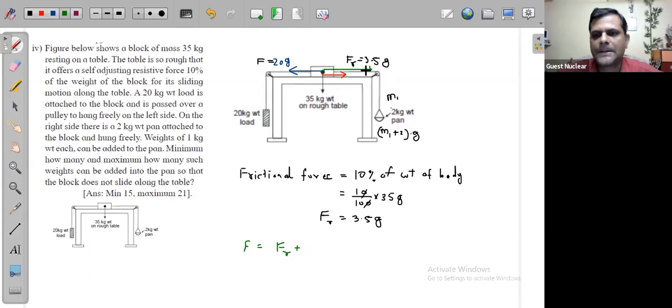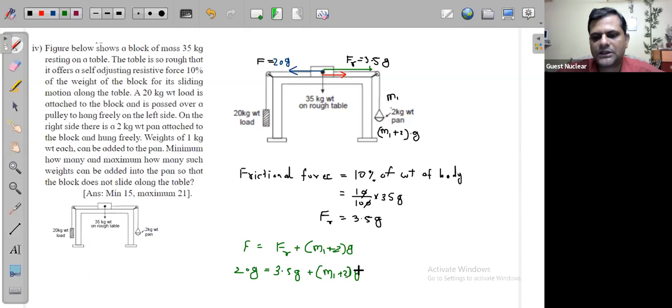इसको हम क्या बोलेंगे? एक्चुअली Fr ये है, रेड कलर से जो एक्सप्रेस किया हुआ है वो Fr है, तो उसको हम ऐसे लिख देंगे m1 + 2 into g, ऐसे डाल देंगे. तो F is going to be 20g, which has to be equal to Fr, which is going to be 3.5g, and here it is m1 + 2 into g kept as it is.